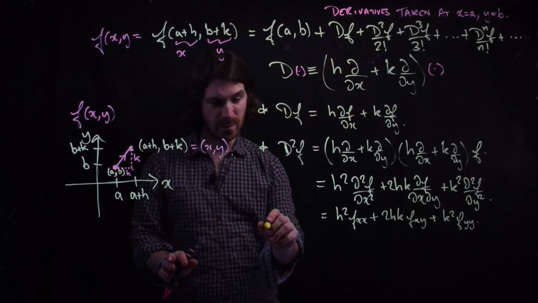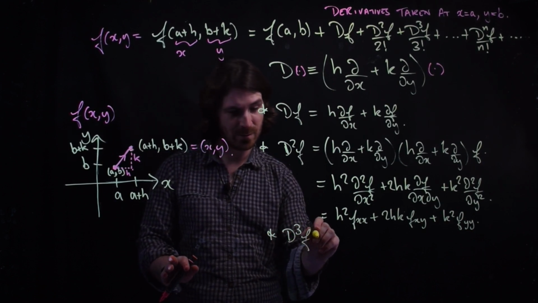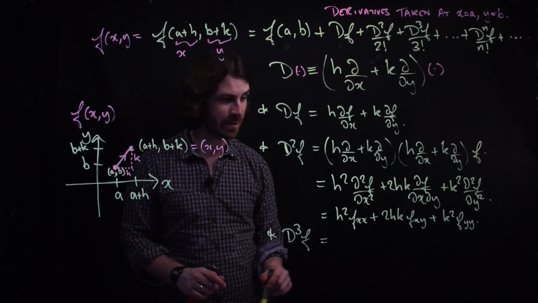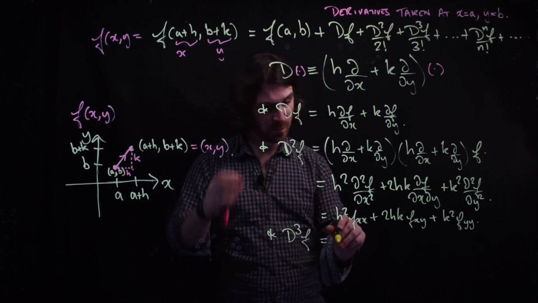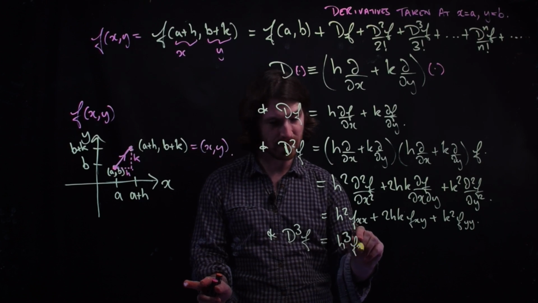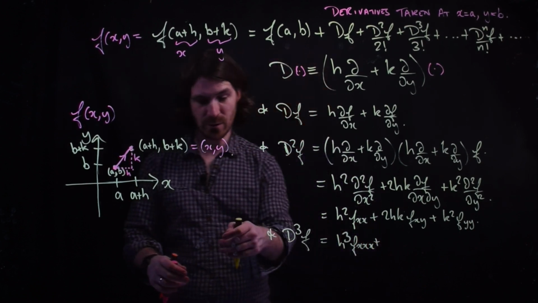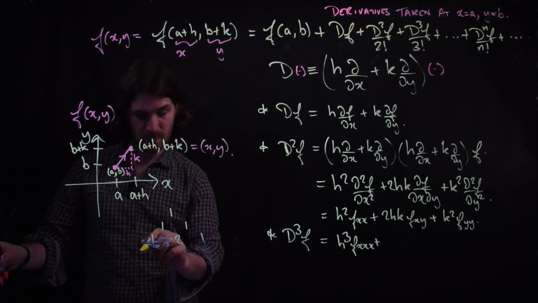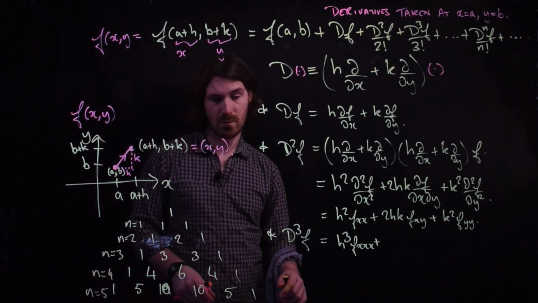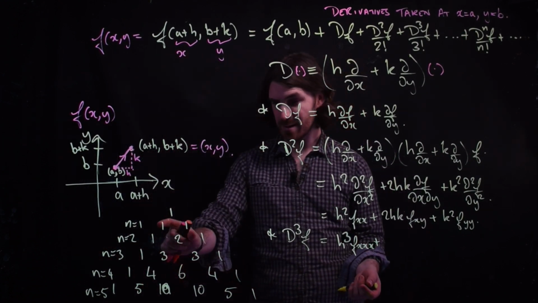Okay, and then we can think about the d cubed f. Okay, and this equals h cubed fxxx plus, okay, we can get the cross terms by looking at Pascal's triangle.